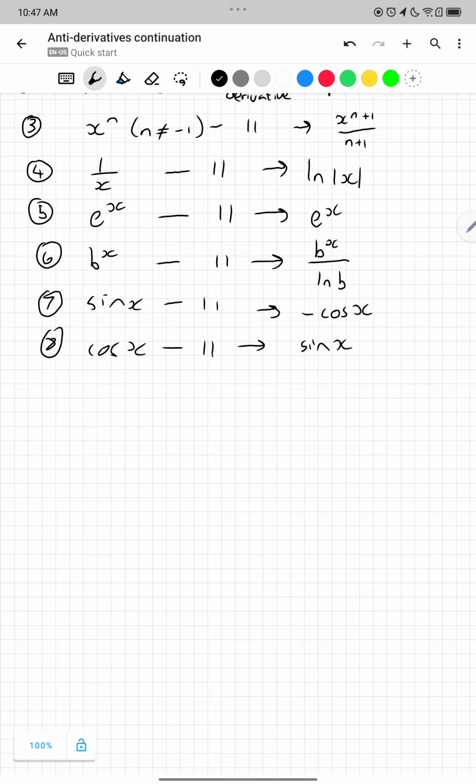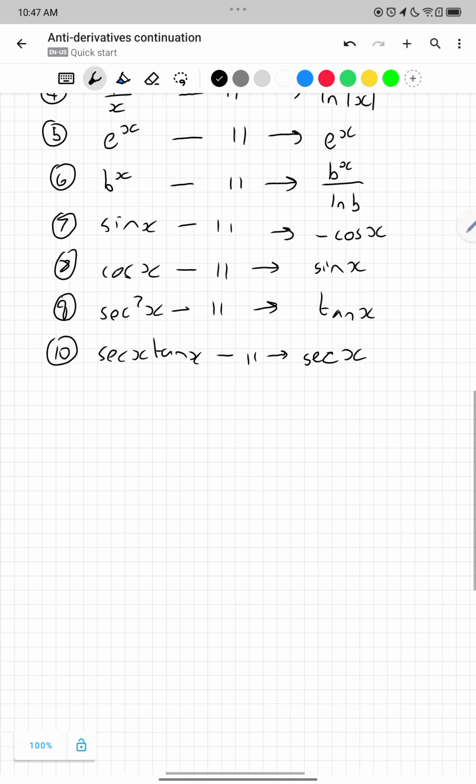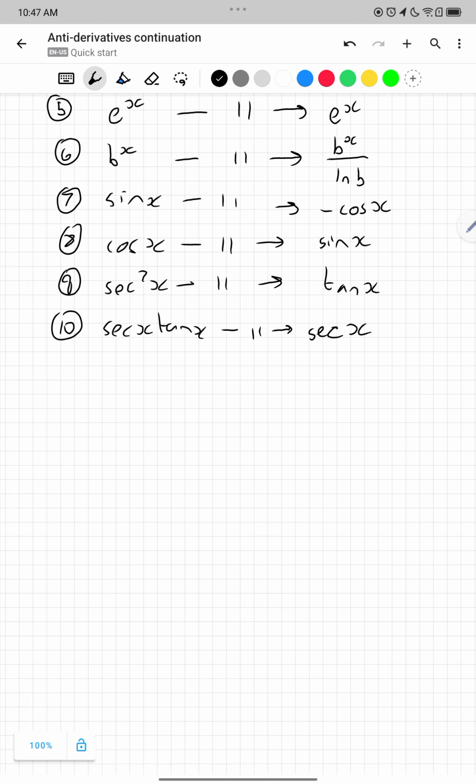And then 9, secant squared x, the antiderivative of that is just tan x. And 10, secant x tan x, the antiderivative of that is simply secant x. And then 11, you remember the inverse trigonometric functions.